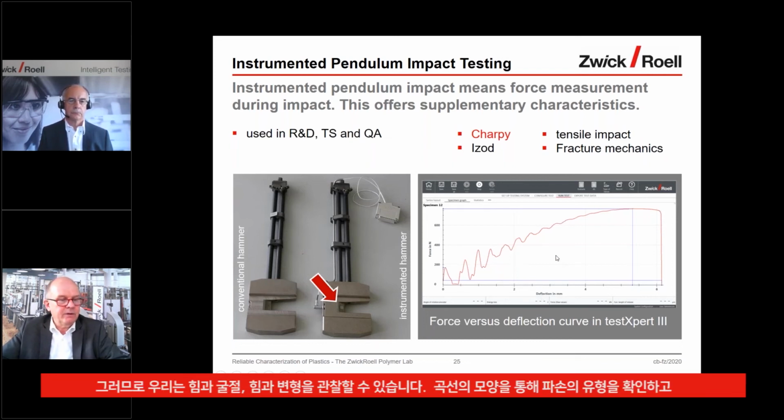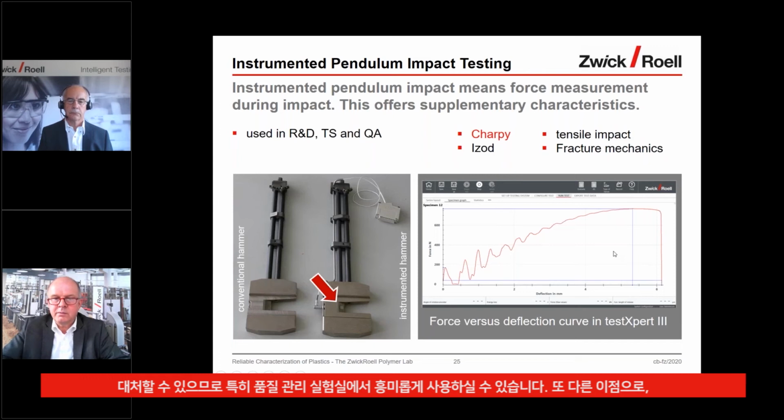And this is very interesting, for example, for quality control labs, because by the shape of the curve, we can identify the type of break, so the operator does not need to look at this anymore and decide which kind of break it is.